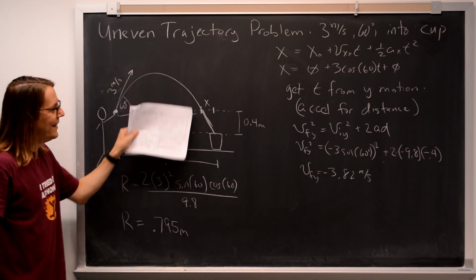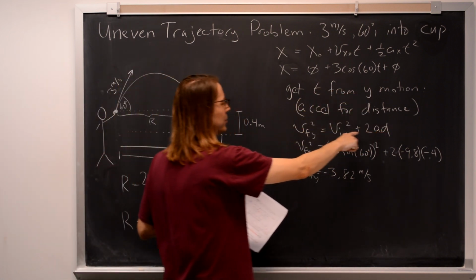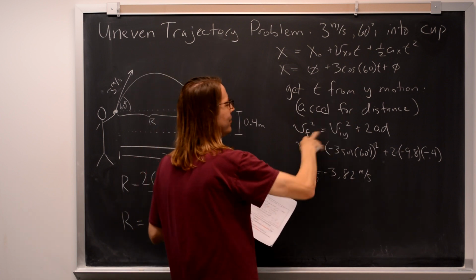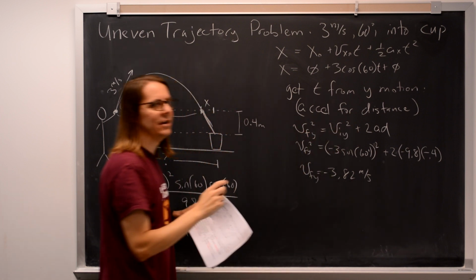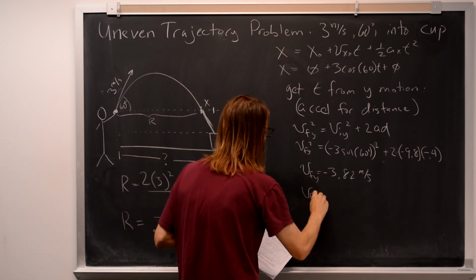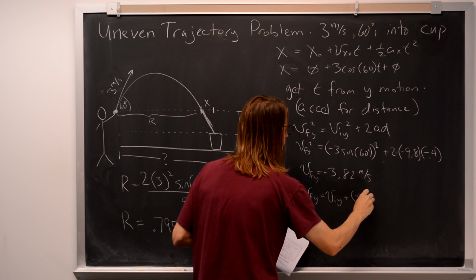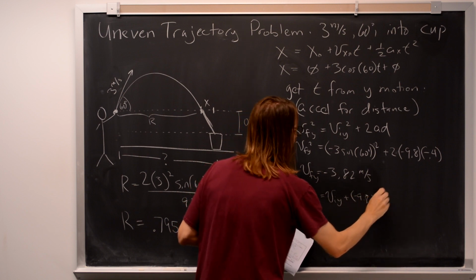The reason we did that is we needed to get a time. We only knew acceleration for a distance, so we used this formula. Now we have the initial and final velocity, therefore we can get the time, because v final in the y equals v initial in the y plus acceleration times time.